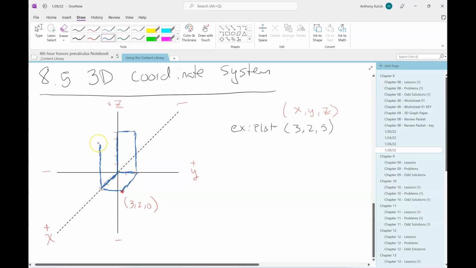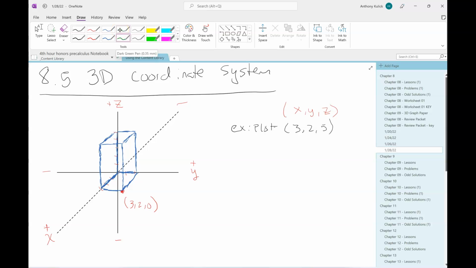I have to estimate that a little bit to be the same height that I drew the other two upper pieces. And then I'll do the same thing from this point. And now I can color in the top of my box. Everybody's okay there with the box that I've drawn?